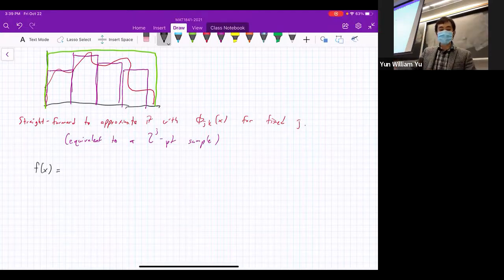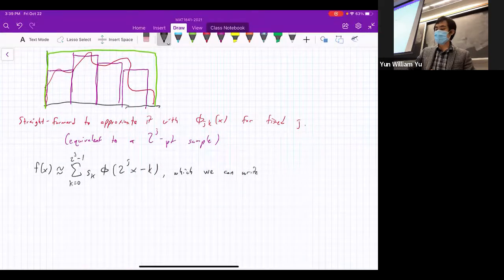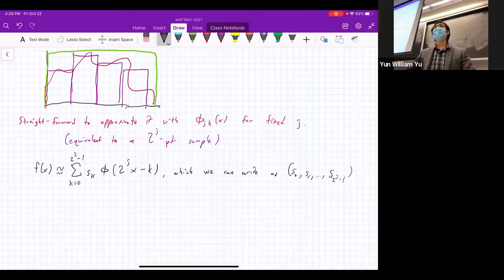So f of x is not equal, it's approximately the sum over k equals 0 to 2 to the j minus 1 of s_k times phi of 2 to the j x minus k, which we can write as a vector s_0, s_1 through to s_(2 to the j minus 1). And this thing here is directly measurable, right?